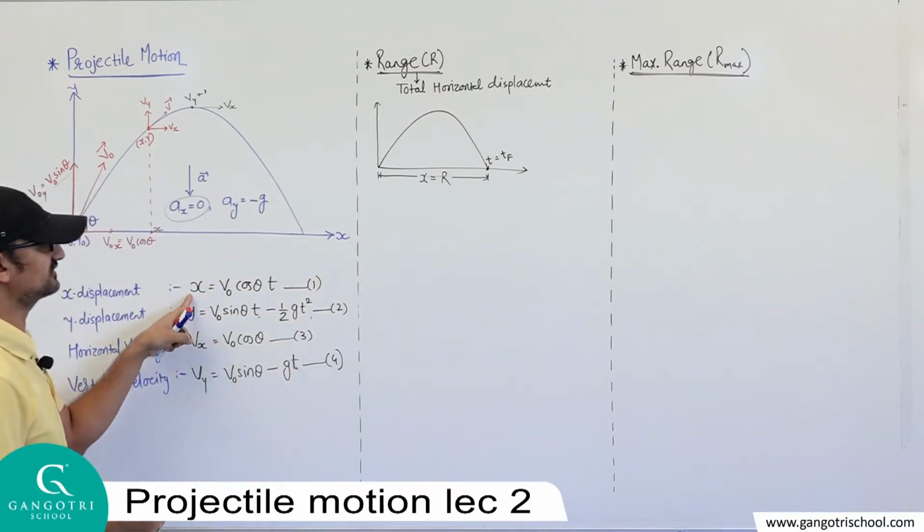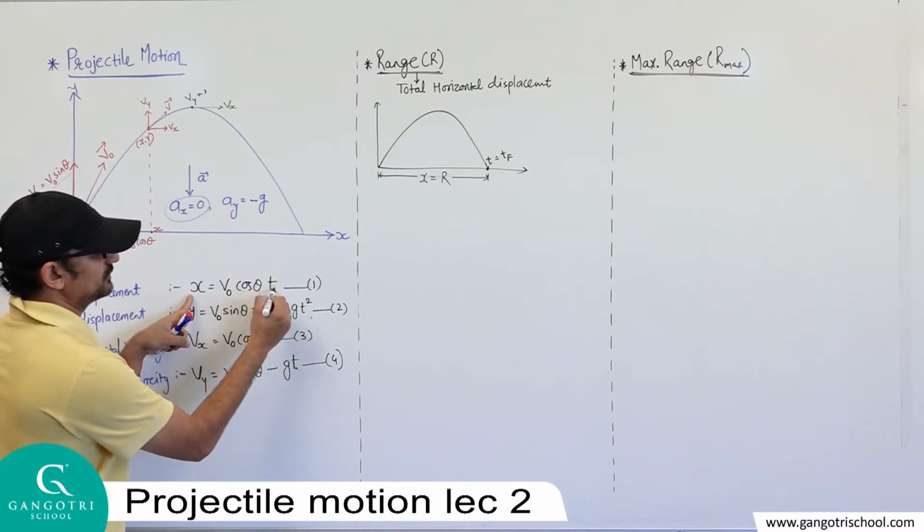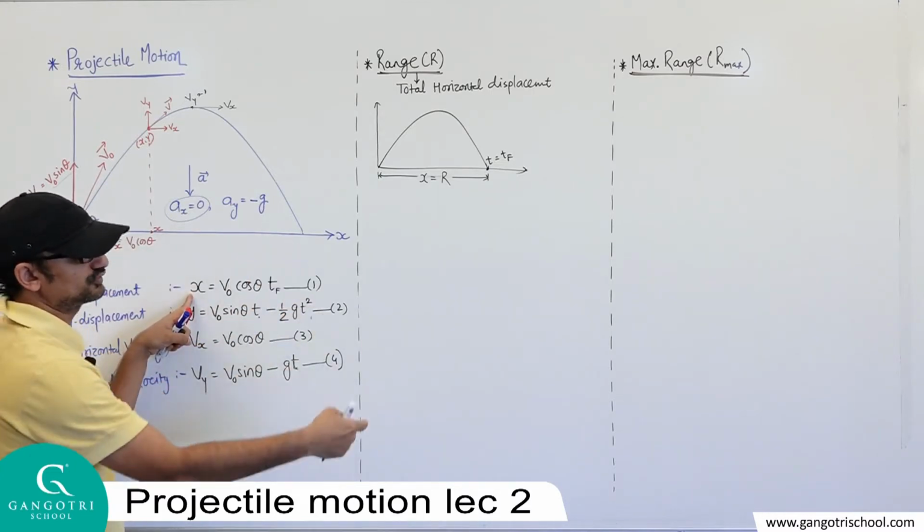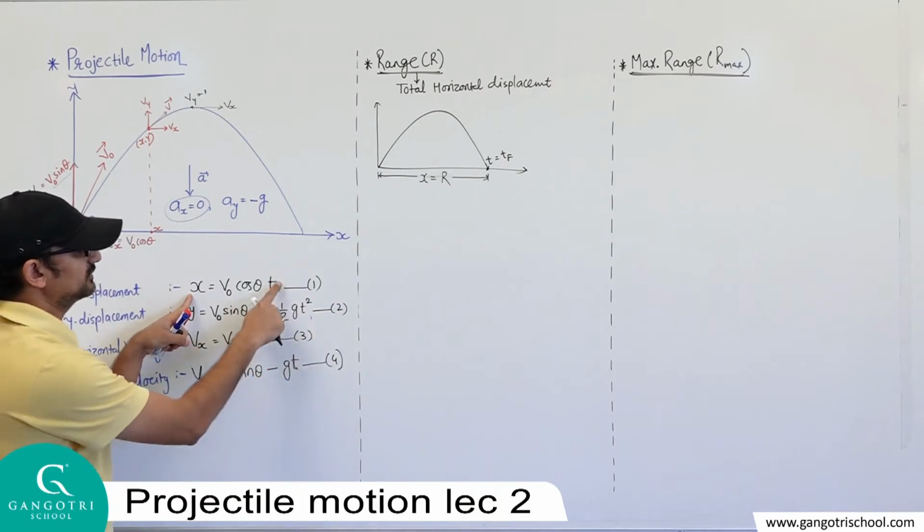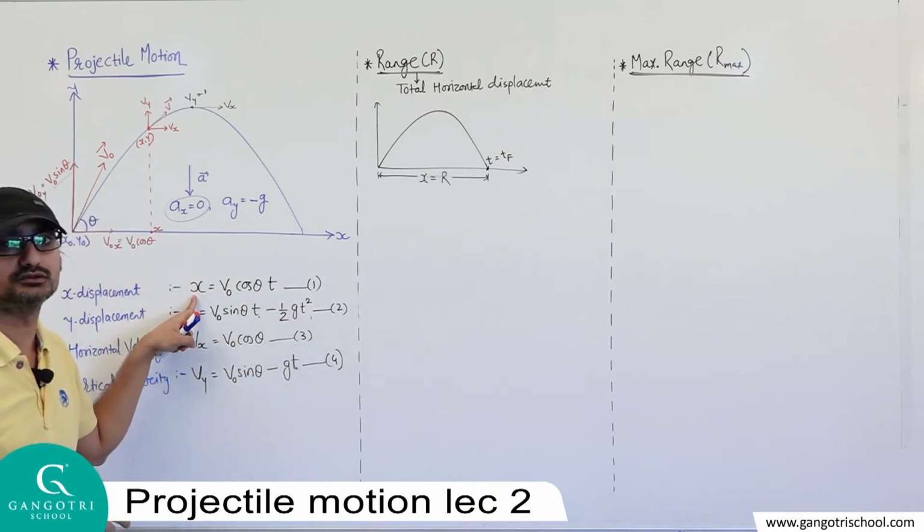So in this first equation, if I put T equals TF, it means the motion is complete, and so the X displacement will become equal to range.